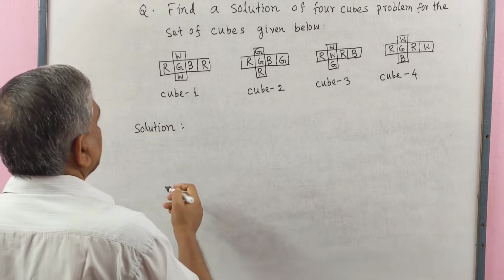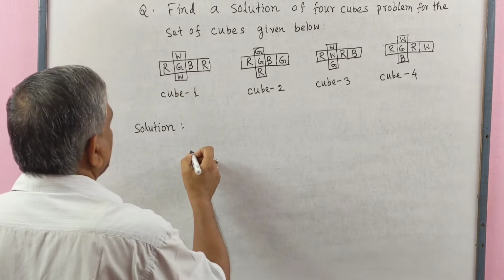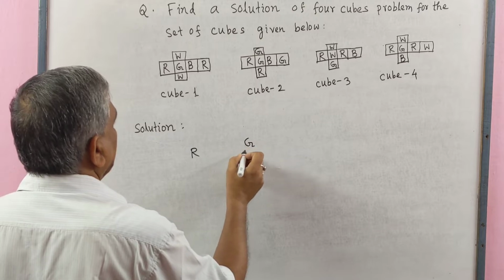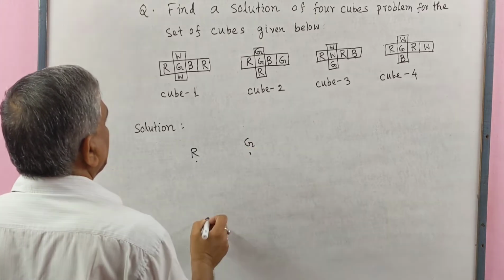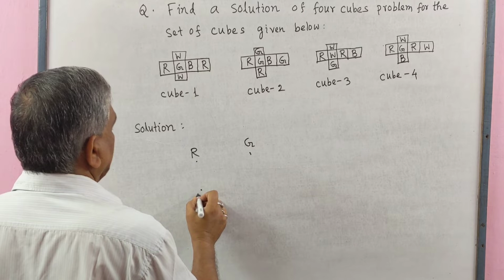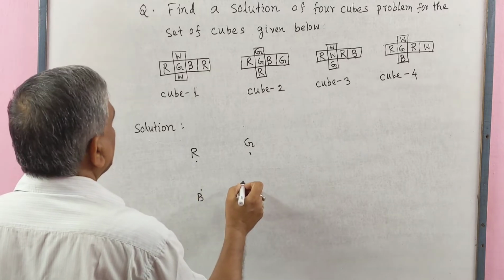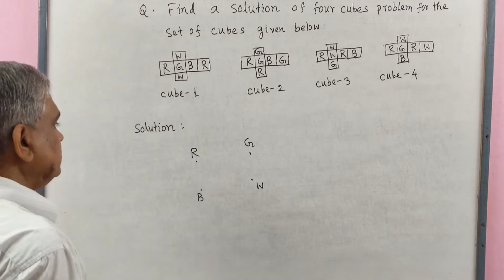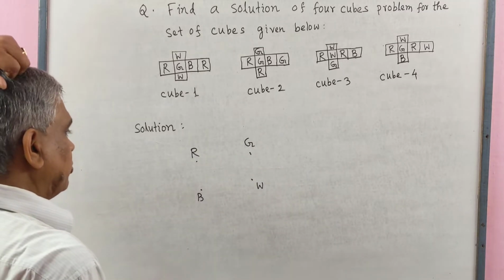If we write here R, G, B, W, four colors, we have to draw the graphs.